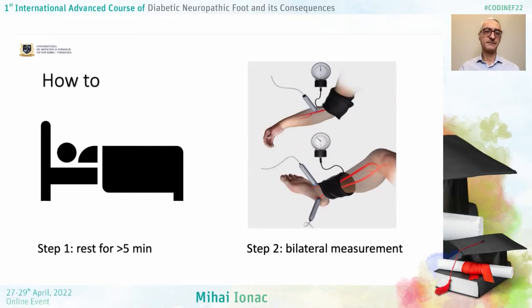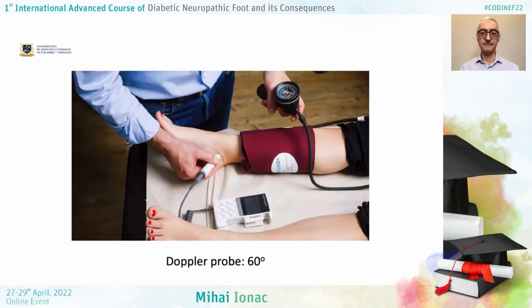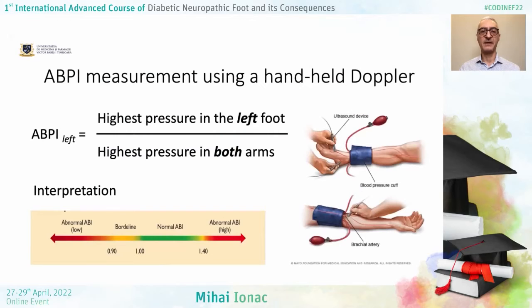How to do that? We invite the patient to rest for about 5 minutes, and then we measure with a continuous Doppler probe the anterior tibial artery and the posterior tibial artery, and we compare these measurements with the brachial artery. The Doppler probe should be inclined in order to get the Doppler effect.